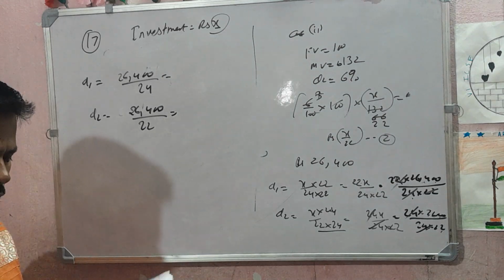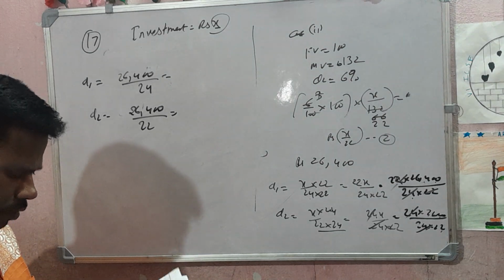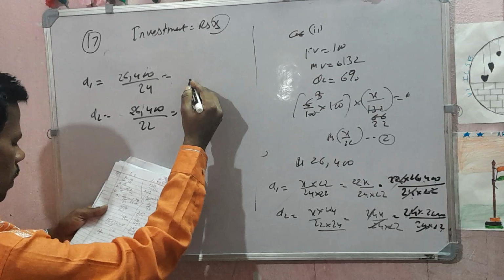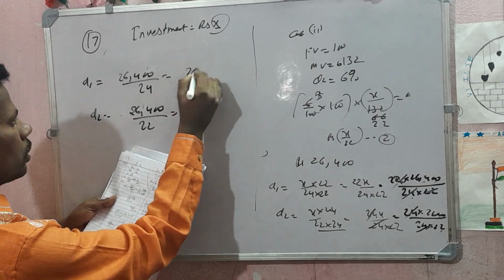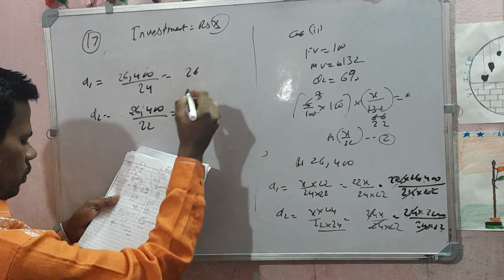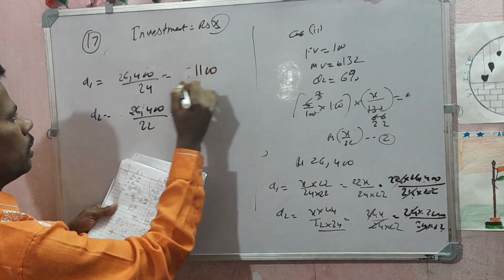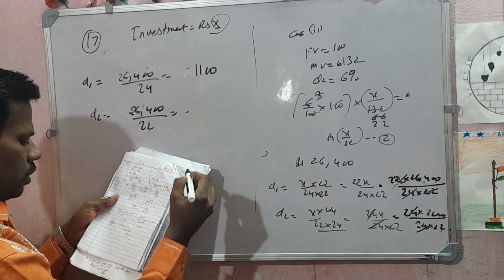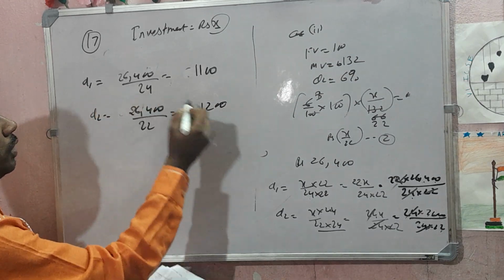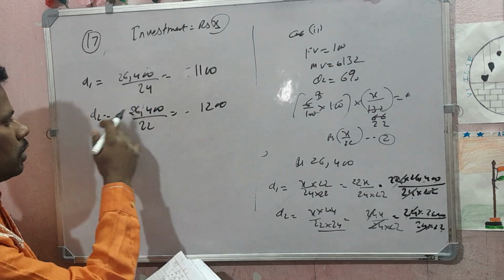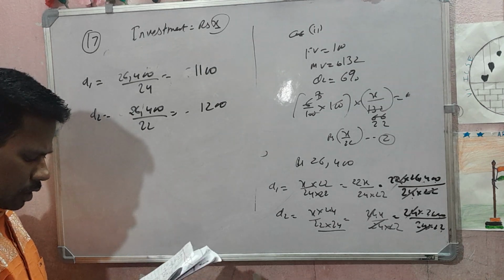The answer which already I have done, just I am putting for you. This is 1,100 if you simplify, and the answer for this is 1,200, right? So by this, which company is paying better option, you can see the second firm is paying the better option.